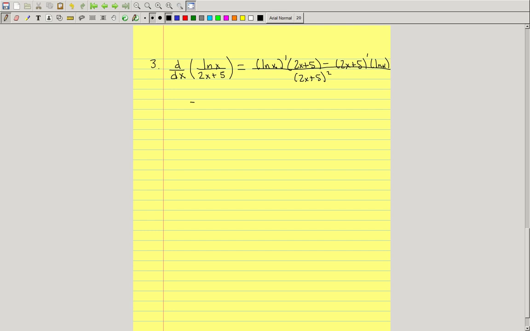Okay? Continuing on, we have the derivative of the natural log of x, which is 1 over x. And we're multiplying that times 2x plus 5. And then we are subtracting the derivative of 2x plus 5, which is just 2, times the natural log of x. We take all of that over our denominator.